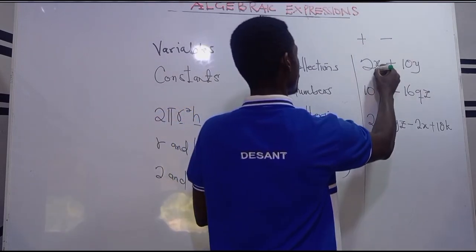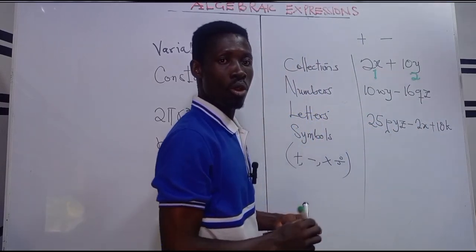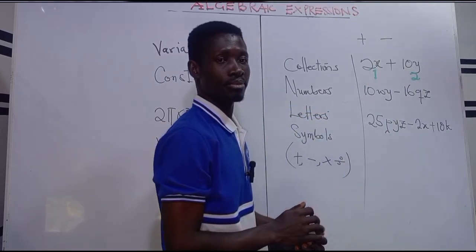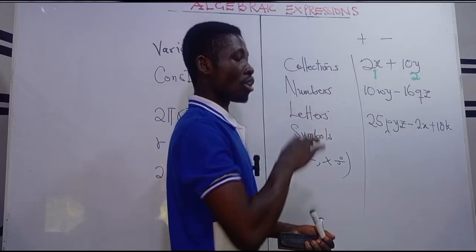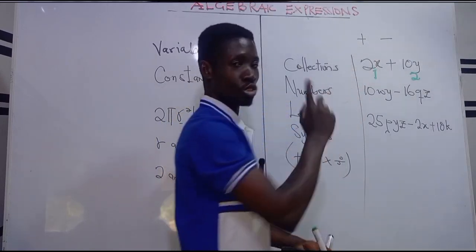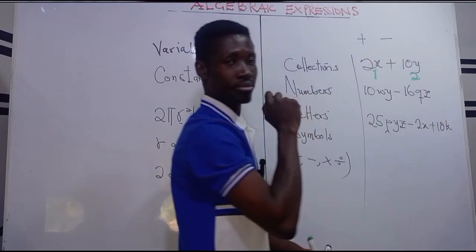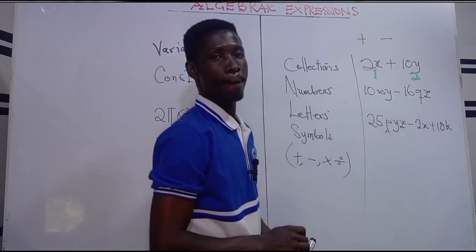We have the first term and then the second term. So in all, how many terms do we have in this algebraic expression? We have two terms because we said that in algebraic expression, the terms are separated by addition or subtraction. And in this expression, we have what? Addition. So the terms are 2x and 10y.